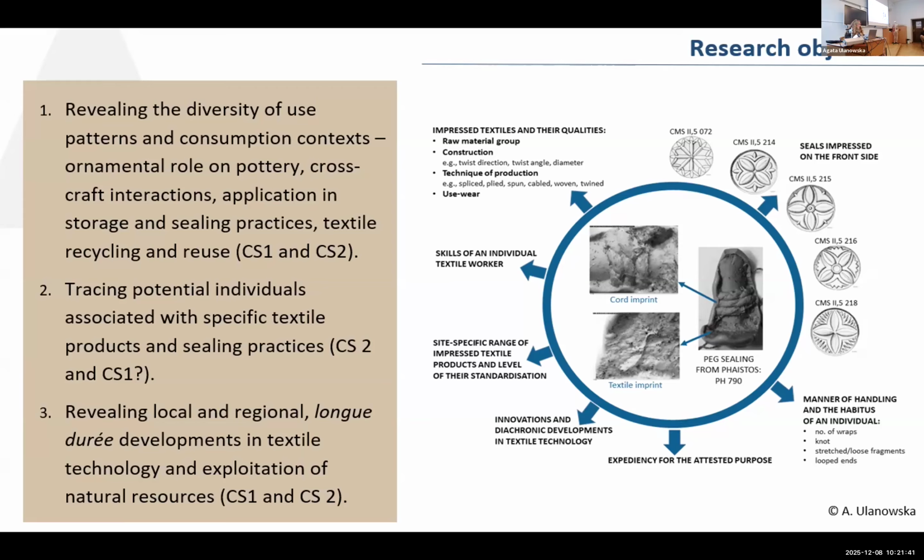We can analyze the site-specific range of impressed textile products and the level of standardization. We can look for innovations and diachronic developments in textile technology. And we can also analyze these textiles according to their expediency for the attested purpose.